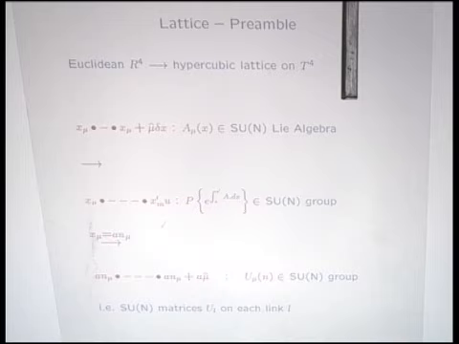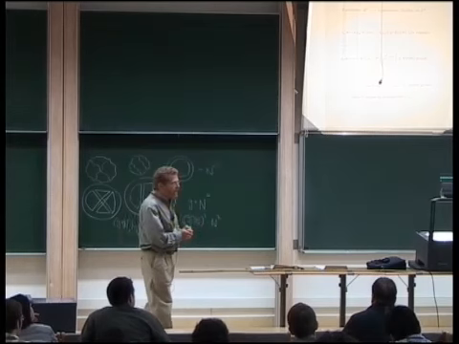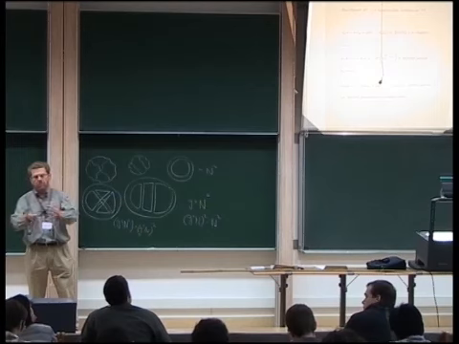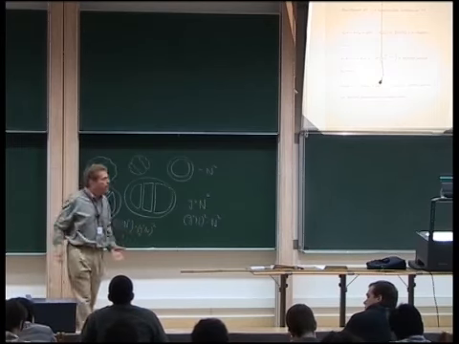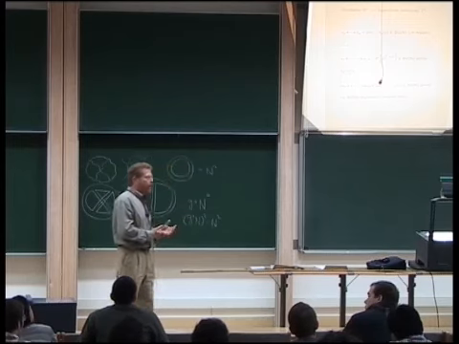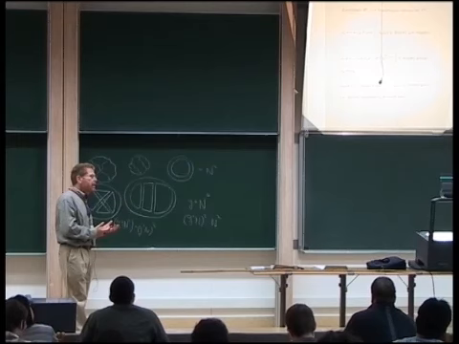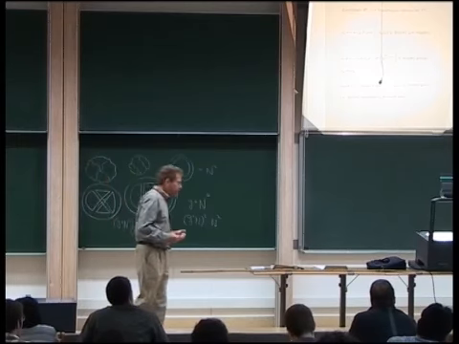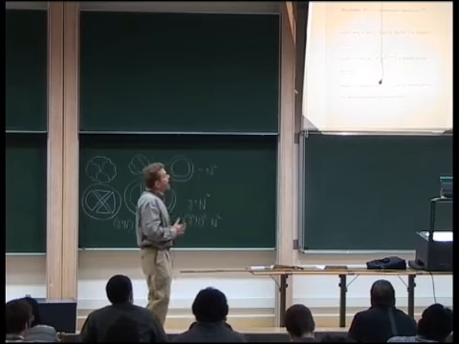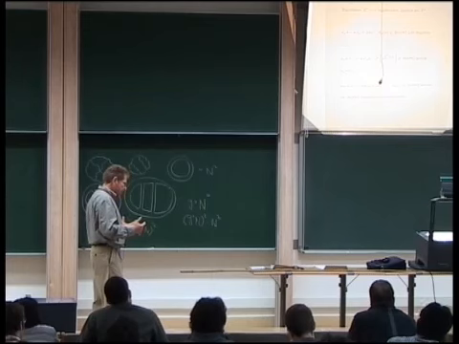The simplest way to do that is to take your space-time, which of course has an infinite number of points with fields on each point, and instead turn it into a finite number of points. You've got to do two things there. First of all, you've got to discretize it. So typically you take your Euclidean R^4 and you put it on a hypercubic lattice instead.